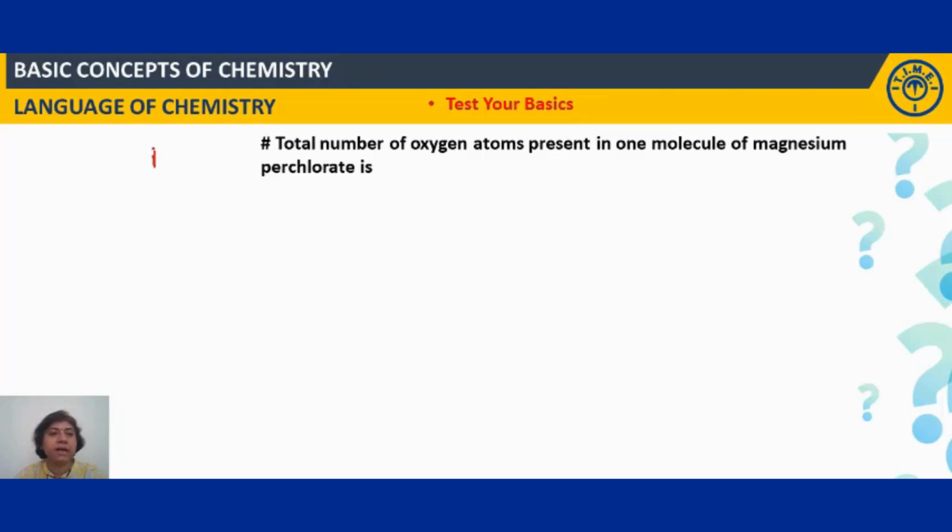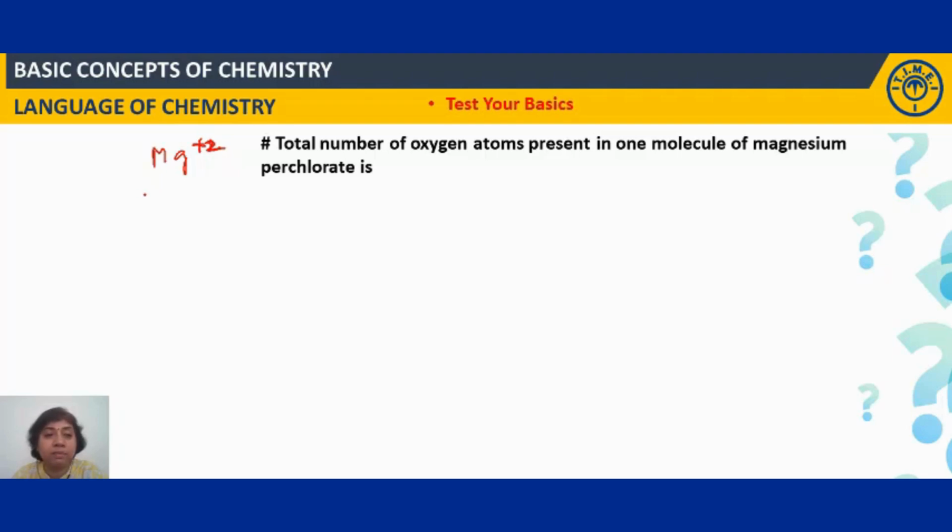It is magnesium, right? Magnesium +2. Magnesium valency is 2. What is the formula of perchlorate? This is important. Just in the previous question we have studied about chlorate, perchloric acid. The perchlorate radical gets generated from perchloric acid.